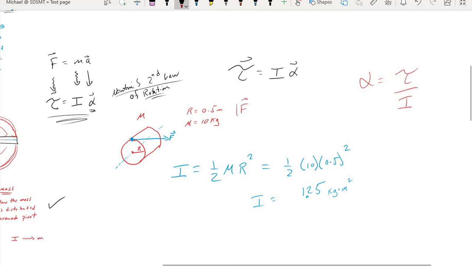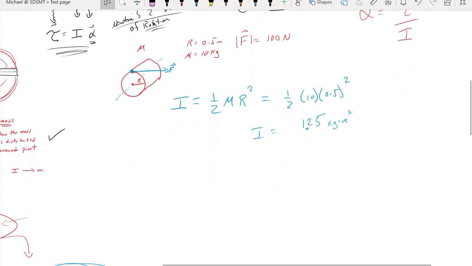We will apply 100 newtons worth of force to this cylinder. And remember, I said that this force was going to be applied tangent to the rim of the cylinder or perpendicular to the radial direction.